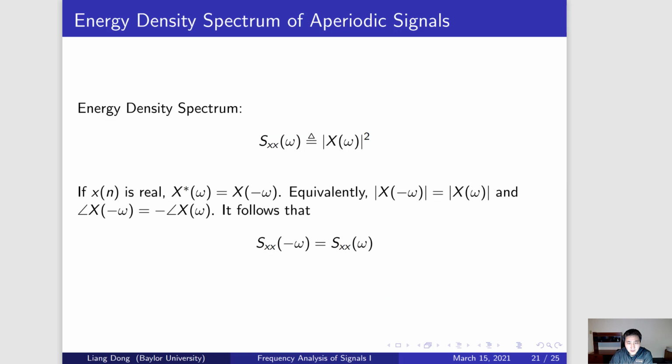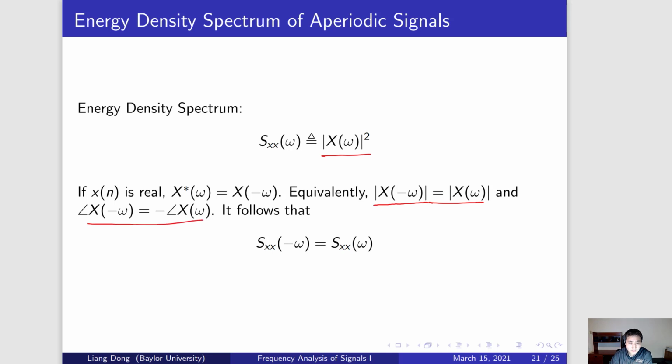Therefore, the X(omega) absolute value squared can be defined as the energy density spectrum, as we did before. If x[n] is a real signal, then X(omega) is conjugate symmetric. That means the amplitude of X(omega) is even symmetric, and the phase of X(omega) is odd symmetric.